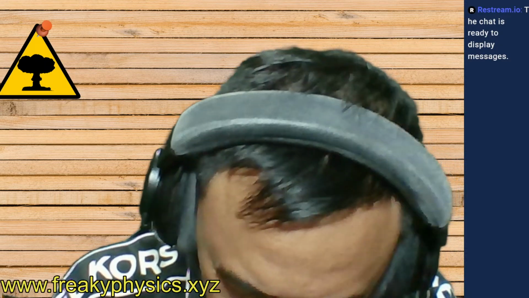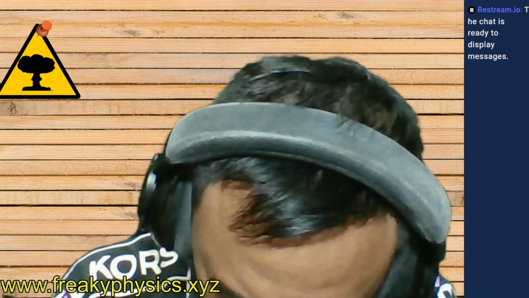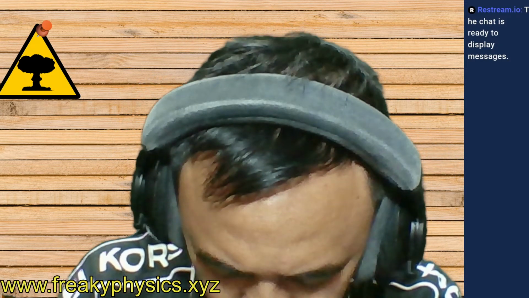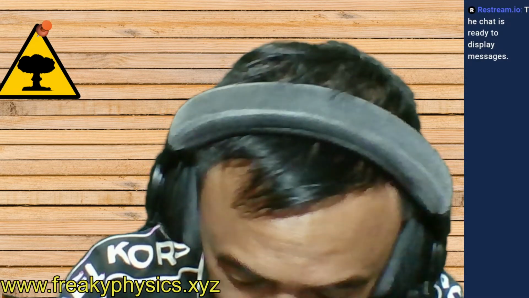The third one is position of the magnet, left or right of the coil.